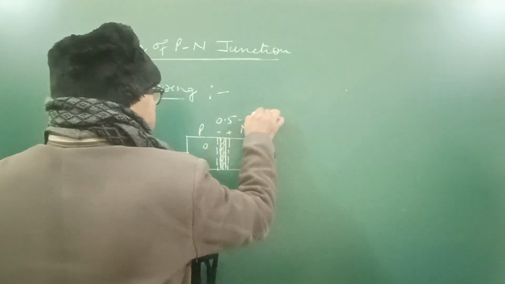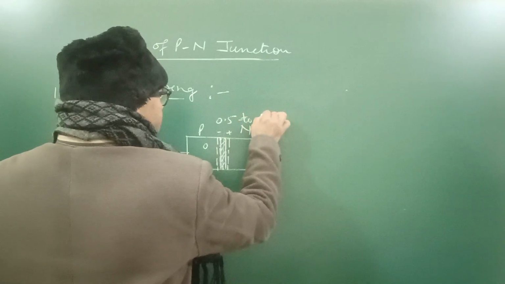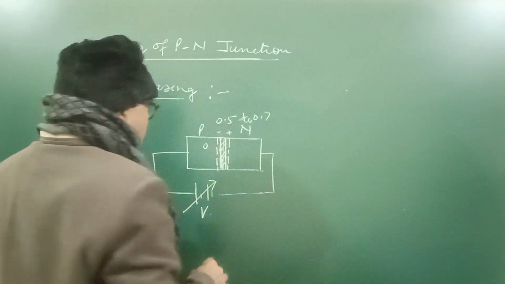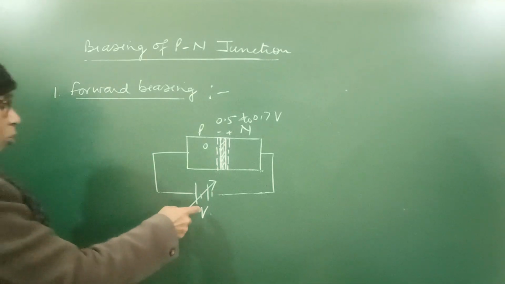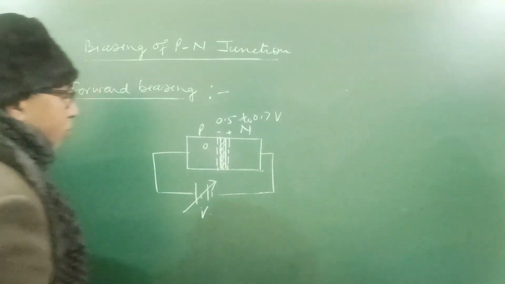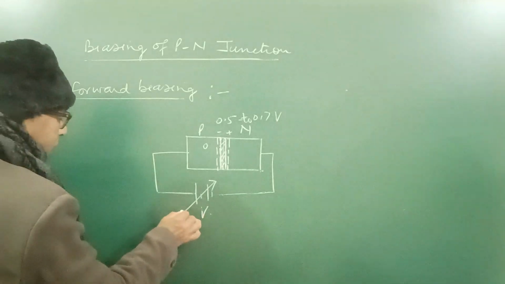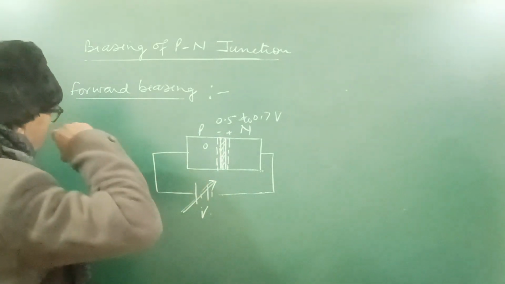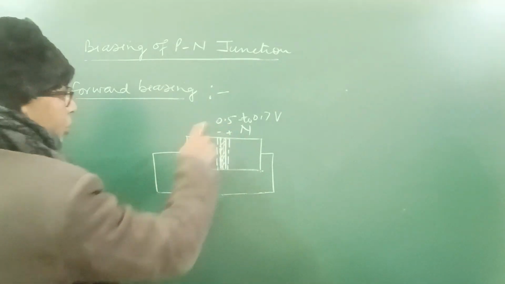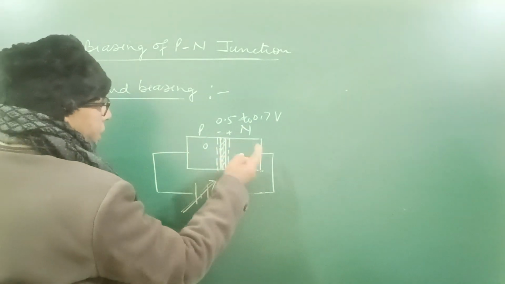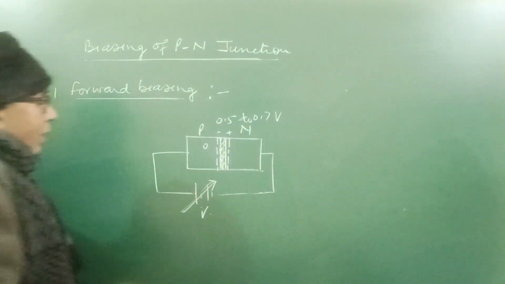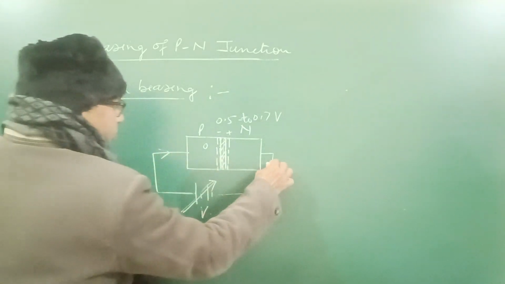It varies from about 0.2 to 0.7 volt. So, if the applied voltage is less than the potential barrier, no current flows. But when we increase this voltage and it becomes more than this, holes start jumping from P to N and electrons from N to P, and current starts flowing this way.